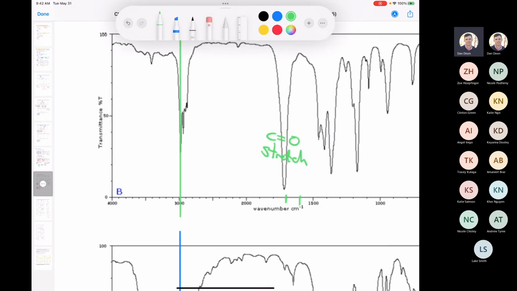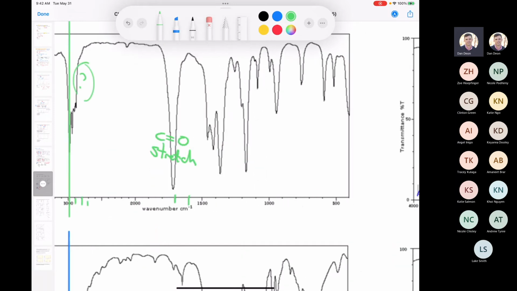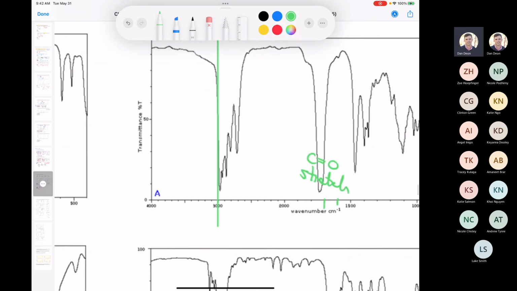What do we see? If you look at 2750, so this is 29, 28, 27, I don't see any kind of stretching here whatsoever. But if you go to this one, you have 29, 28, 27, and you can see that you have two stretches here. And those come from the aldehyde carbon-hydrogen stretch. That's these two here.